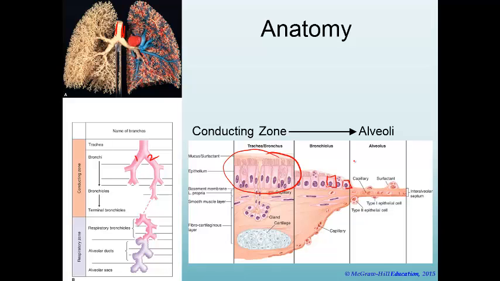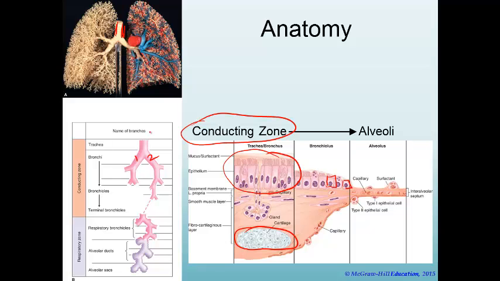Now, these conducting areas, the areas that are responsible for conducting air into the lungs, are surrounded by C-shaped cartilaginous rings made up of hyaline cartilage, which prevent collapse of the airways.